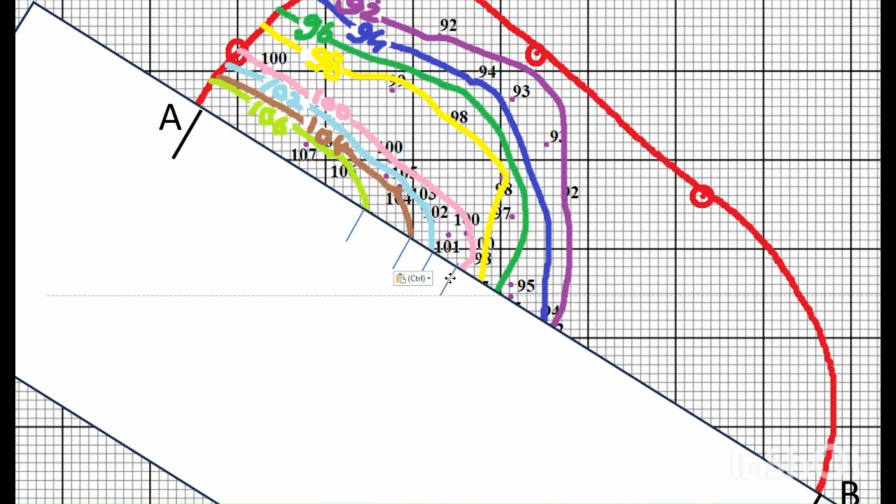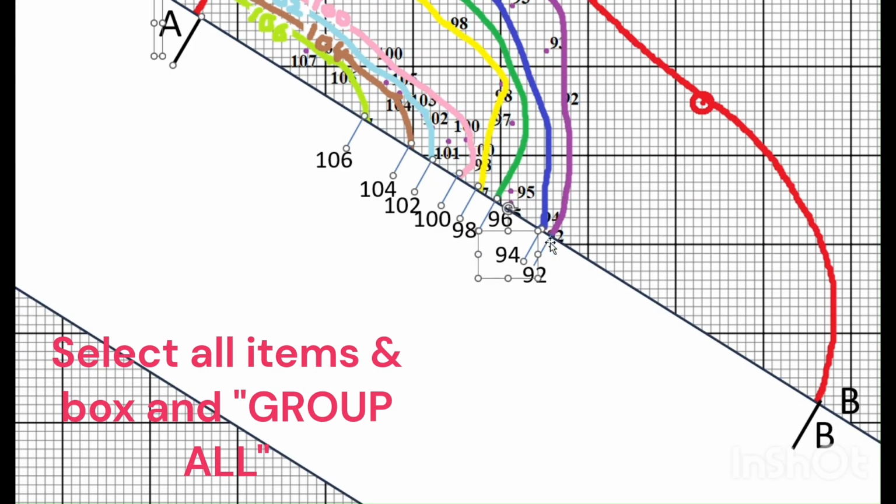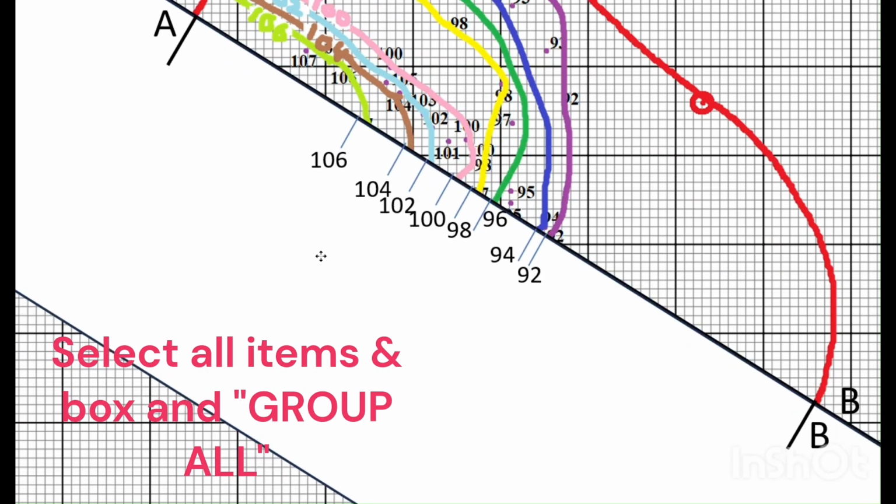Now the next step is to mark the contour intersections on the plain paper, where the contours meet the section line. I'll just mark them. We'll select all and group all.